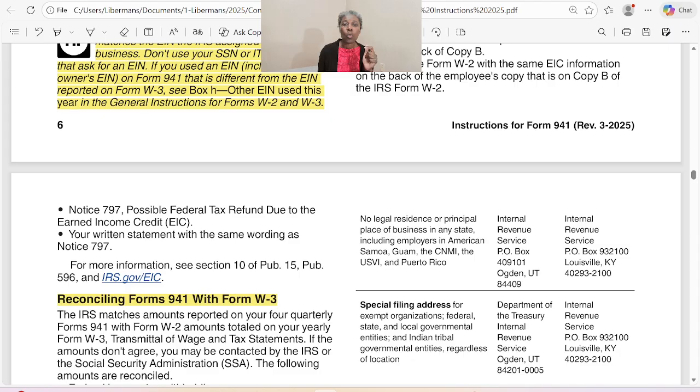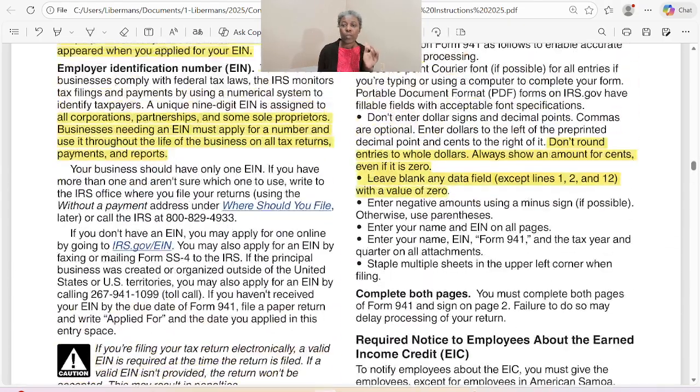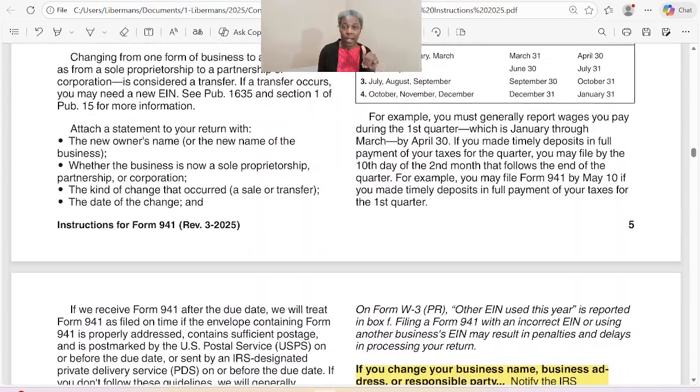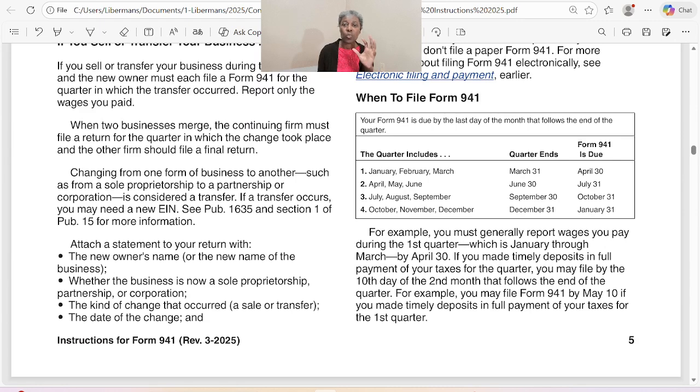And that is how you complete Form 941 for 2025 quarter 4. When you are done completing it and you write that address on the envelope, you mail it via USPS certified mail, so that you can have that green tag with a tracking number.